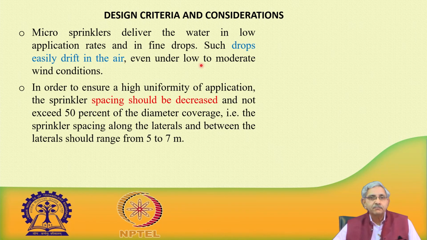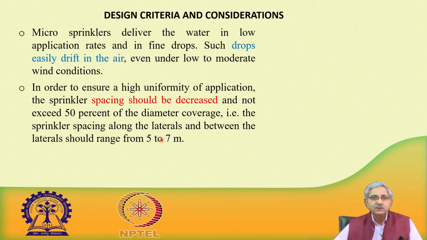If wind is a problem, then the spacing should be reduced, which means the overlap should be increased. So, in order to ensure high uniformity of water application, the spacing should be decreased, or the overlap increased, not exceeding 50% of the diameter of coverage.